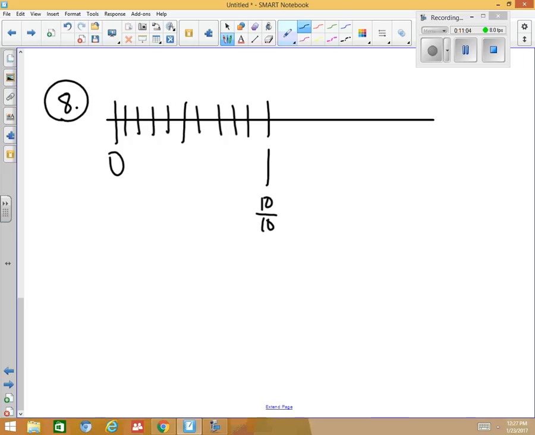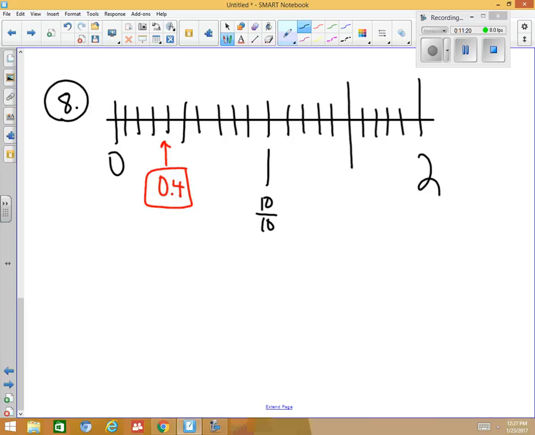So do you see where it drew an arrow right here? If you look at this one, 1, 2, 3, 4, 5, 6, 7, 8. Hold on, guys. This is the second one.